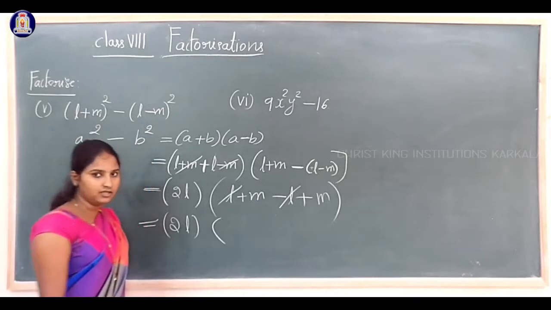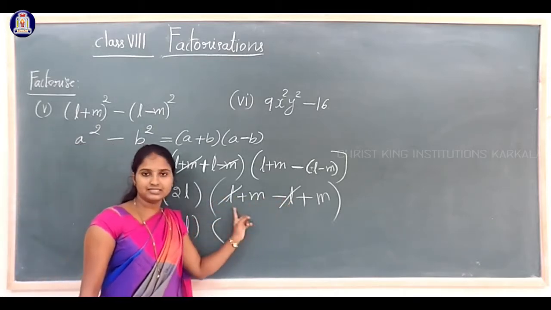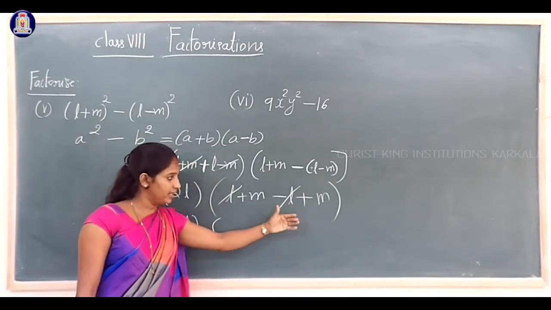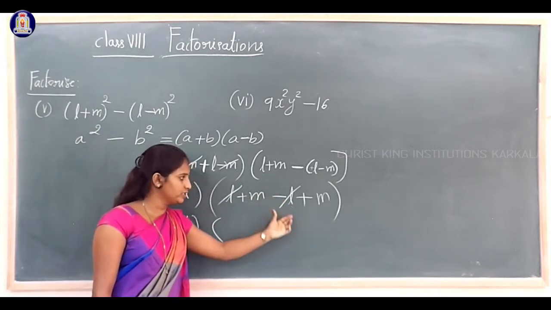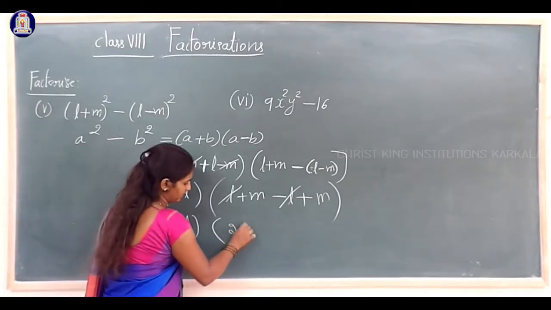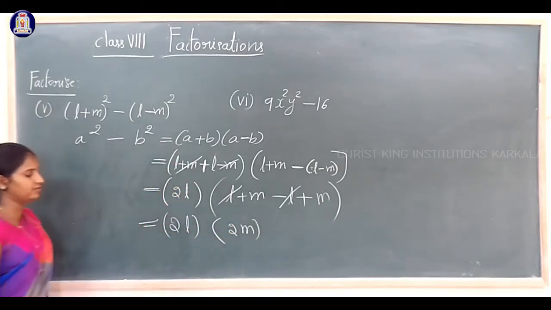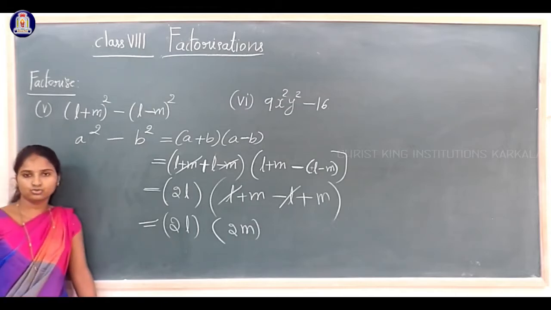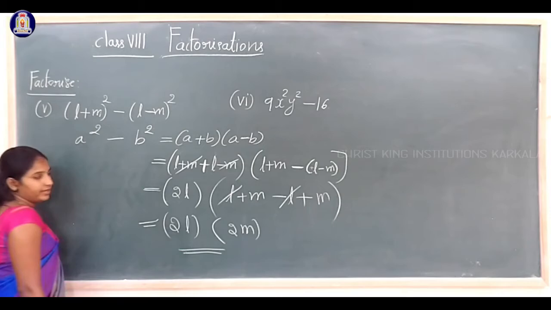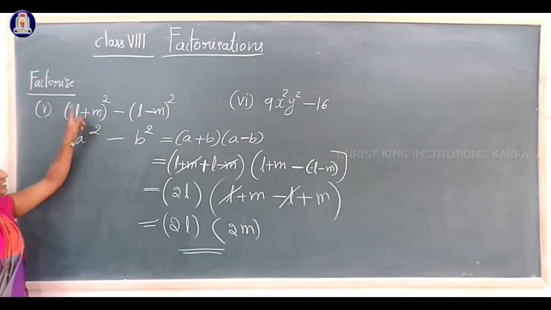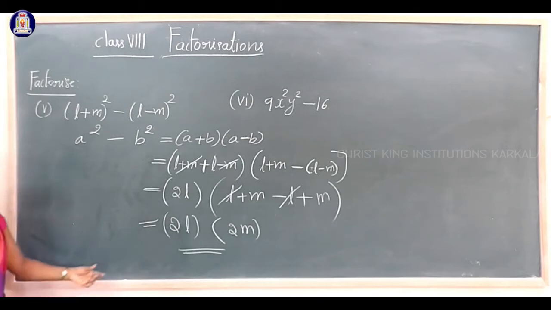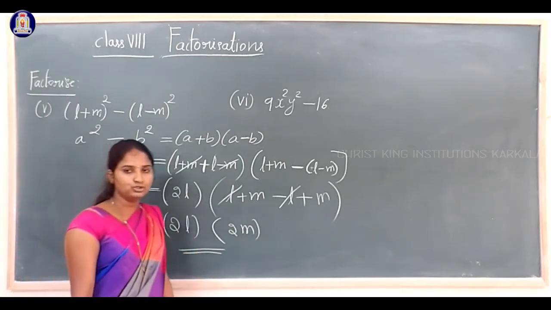Plus L minus L cancel, and one m and another one more m. How many m are there here? 1m plus 1m, total 2m. So now the answer we got is 2L into 2m. These are the factors of the given algebraic expression. So (L + m) whole square minus (L − m) whole square, the answer is 2L into 2m.